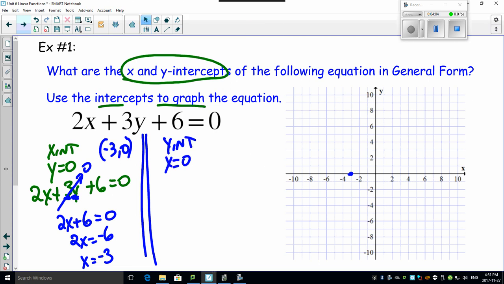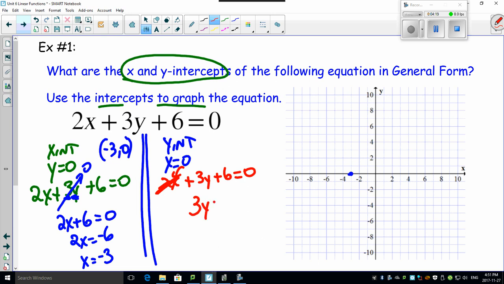Do the exact same thing now to my y-intercept, which we know means x equals 0. And check this out. If x equals 0, and you've got your original question here, right? Look how easy this is. If x is 0, that means this guy is gone because any number times 0 is 0, leaving you with 3y plus 6 equals 0. Bring the 6 over, so 3y equals minus 6.